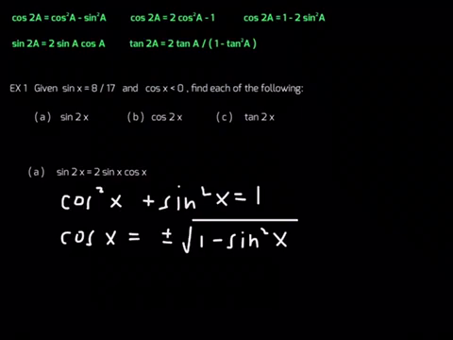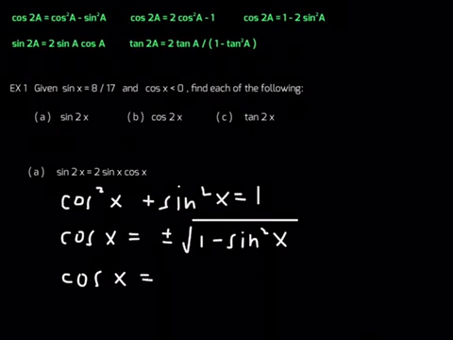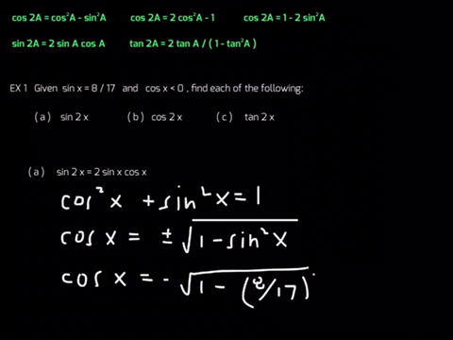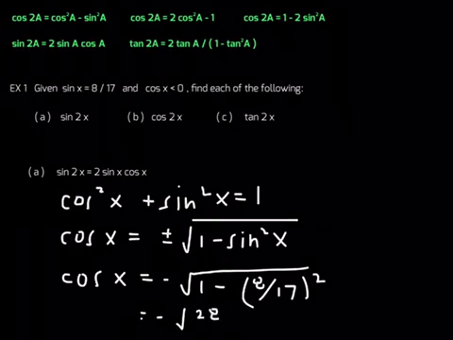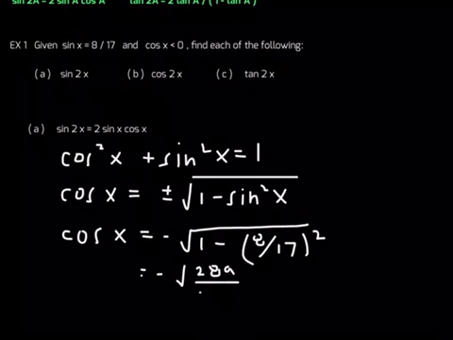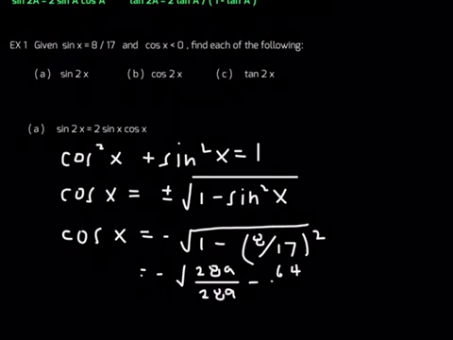So remember that cosine is negative. That's given to us. And it's equal to the negative square root of 1 minus 8/17 squared. Okay? So then cosine of x is equal to negative the square root of 289 over 289, this is the number 1, right? Minus 64 over 289.